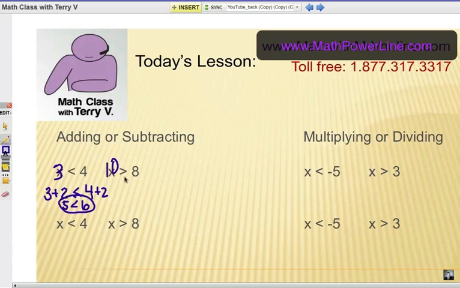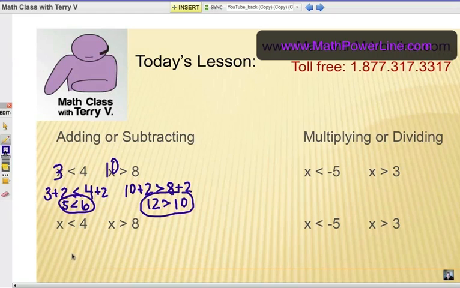But let's go ahead and add 2 to that. So 10 plus 2 and 8 plus 2. Do we still have that relationship of greater than? Well, that would be 12. Is 12 still greater than 10? Yeah, that's true too. So if you add a positive number, it still holds true. So it's okay to add a positive number.